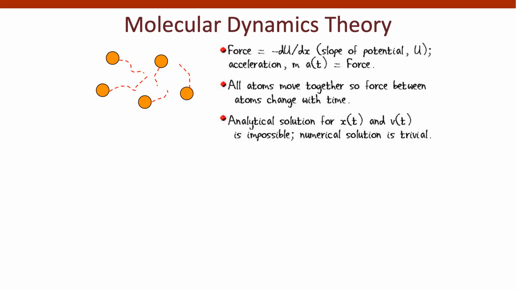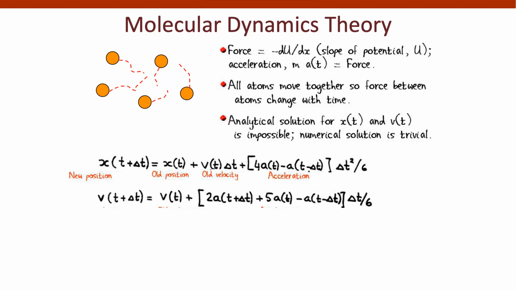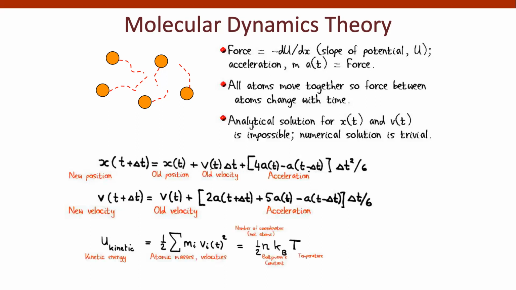For example, to calculate the new position, you use the old position and the old velocity, and calculate the acceleration from the force. Now you calculate the new position. Likewise, you can get the new velocity from the old velocity and the acceleration, with the numerical solution. And since you know all the velocities, you know the total kinetic energy, which gives you your temperature.